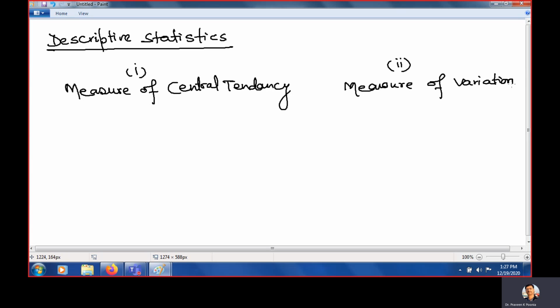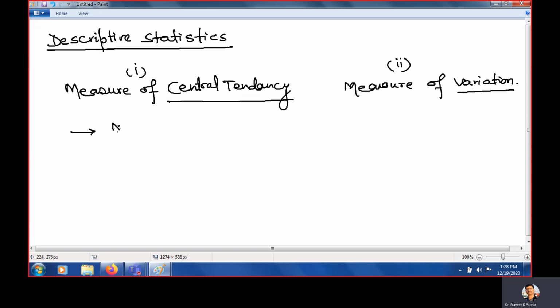Sometimes they ask, measure of variation is a descriptive statistics. This is true. Measure of central tendency is a descriptive statistics. True. Measure of central tendency is a measure of inferential statistics. It is false. So descriptive statistics has 2 parts. One is the central tendency, another is the variation.